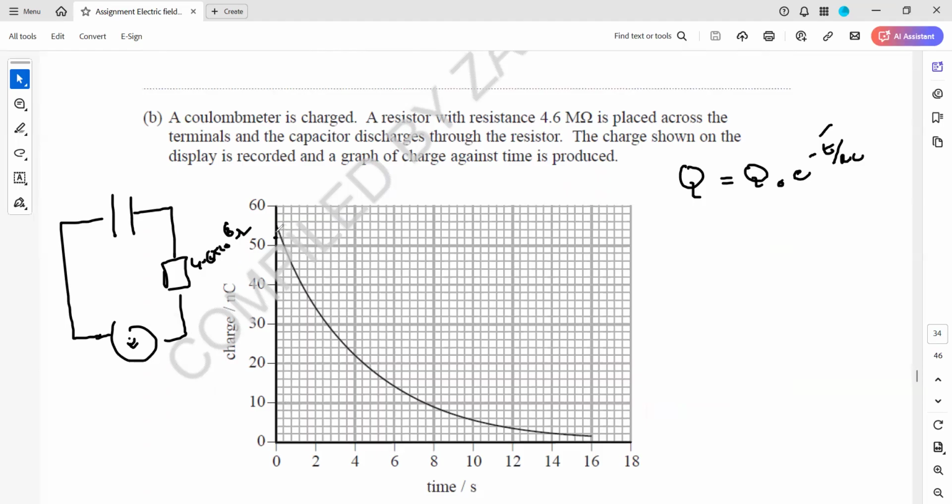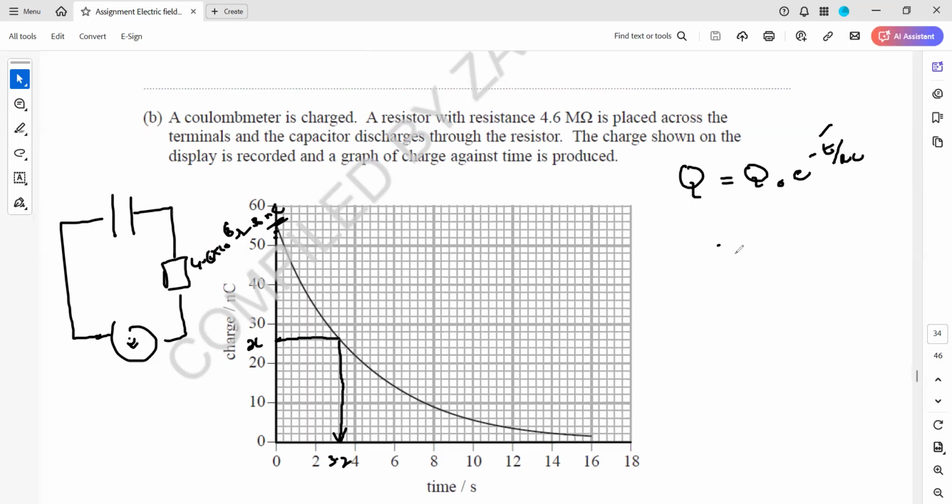So this is 52, 54, this is somewhat 56. So the maximum is 56 nanocoulomb, and then on the display we have 26 nanocoulomb. And how much time did it take? 10 boxes equals 4, so each is 0.4. So 2.4, 2.8, so this will be 3.2.